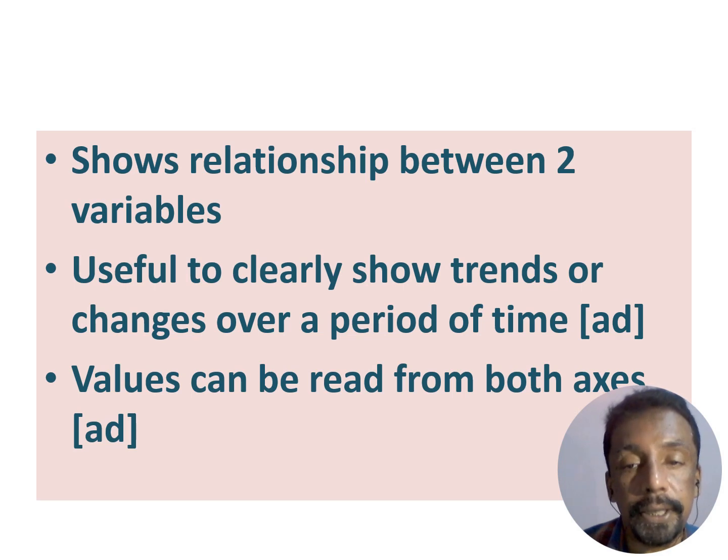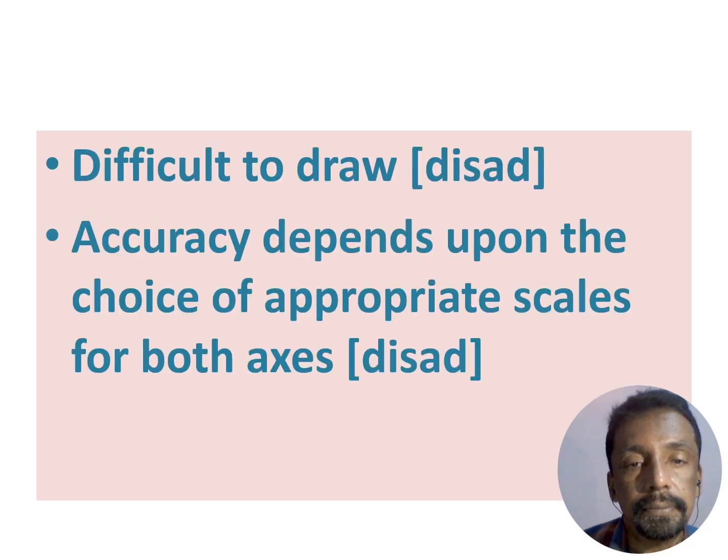That is one of the advantages. The second advantage is values can be read from both axes, that is the y-axis and x-axis. It's difficult to draw. That's a disadvantage. Accuracy depends upon the choice of appropriate scales for both axes.